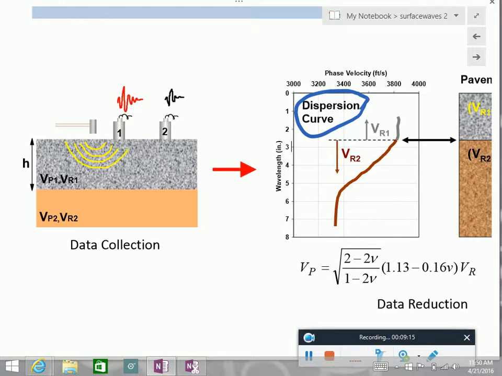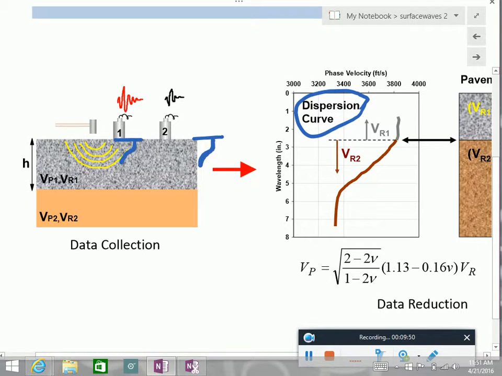Now let's focus on high frequency. When I say high frequency, is the wavelength large or small? Small. So if I just focus on the high frequency part, for both receivers, if I filter out the low frequency and focus just on the high frequency, the surface wave of high frequency will be only traveling through concrete.